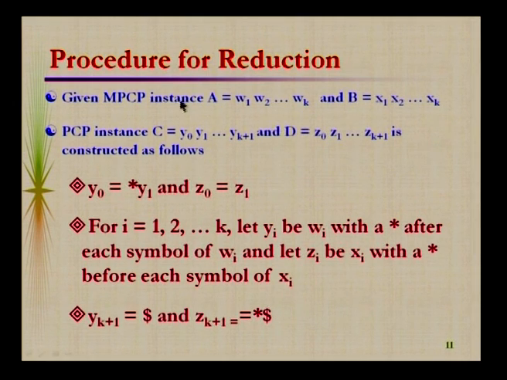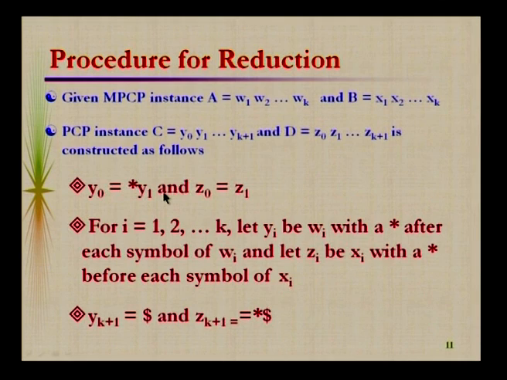Now the question is how these 2 lists are constructed from an MPCP instance. The first one, y0, is taken by copying y1 with the prefix star. So, star followed by y1 is y0, and z0 is simply a copy of z1.